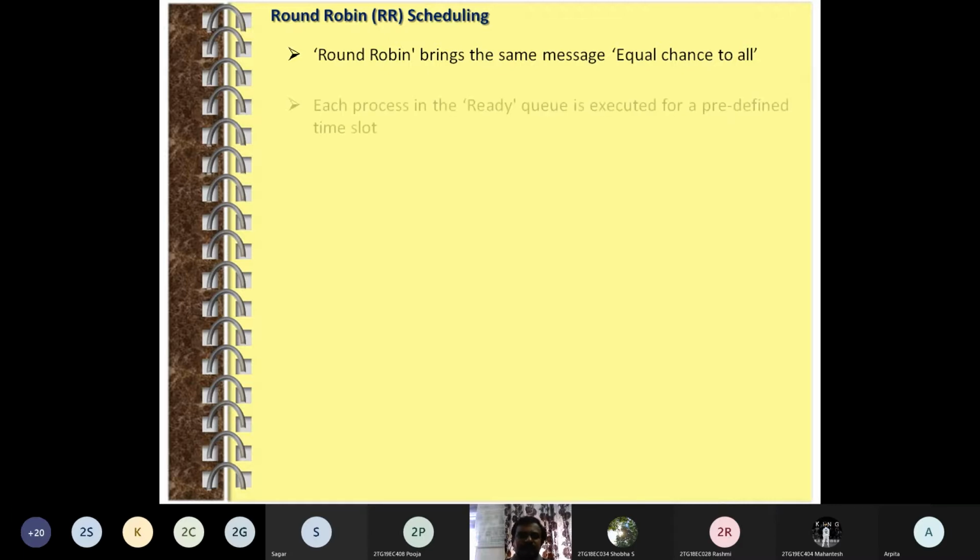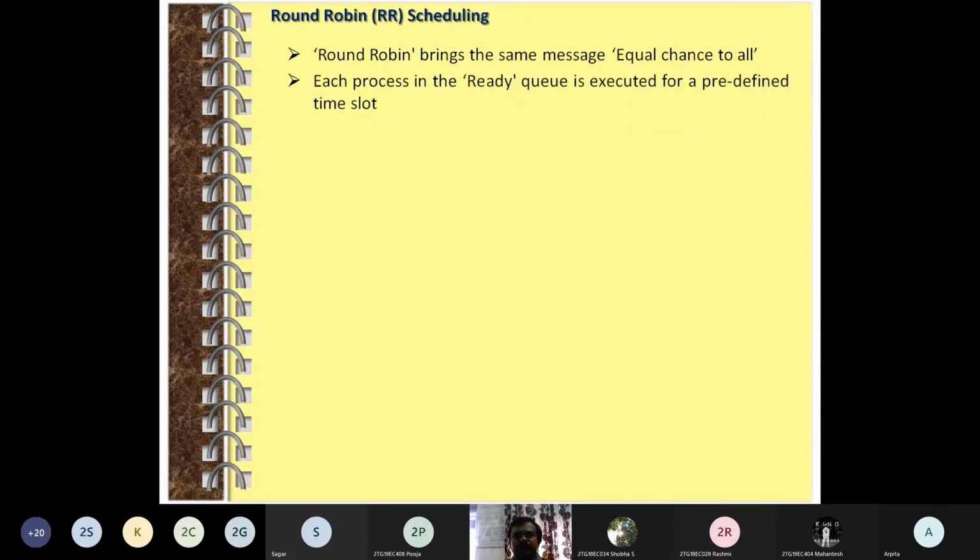Each process in the ready queue is executed for a predefined time slot. Say n processes are there, and each process is allocated a time slot of some milliseconds. This predefined time slot is equal for each and every process. Once process one is over for its predefined time slot, it is kept at the end of the queue.